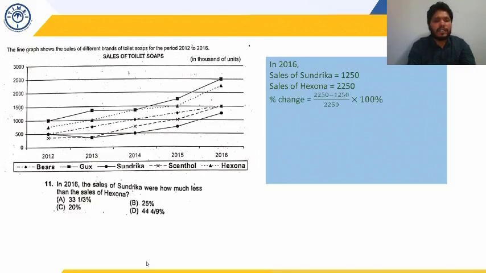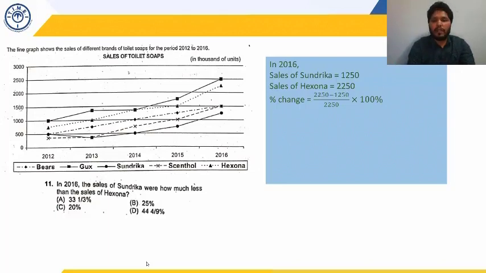So we want percentage change, and again percentage change means we want the sales of Sundrika was how much percentage less than. So sales of Hexona minus sales of Sundrika divided by sales of Sundrika into 100%, because we have to compare it with Sundrika. So sales of Sundrika will come in the denominator, that we have studied in percentage. The denominator is to be filled by that quantity from which we are comparing. So we are comparing the change with respect to Sundrika.